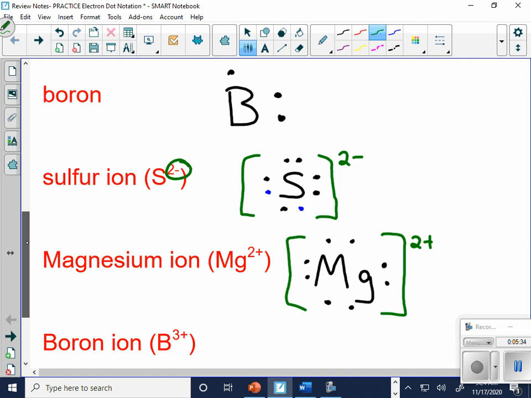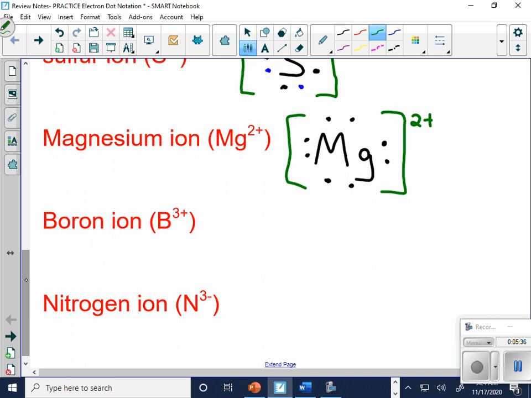Now, boron, my next one here, is kind of a funky one. Why? Because when I write boron, we said before boron has 3 valence electrons. So I'm going to put a 1, I'm going to put a 2, I'm going to put a 3 right there. Now, the funny thing about boron, it's going to want to lose those 3 electrons, because it's getting to be a +3.